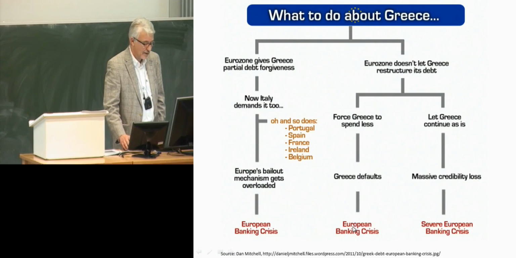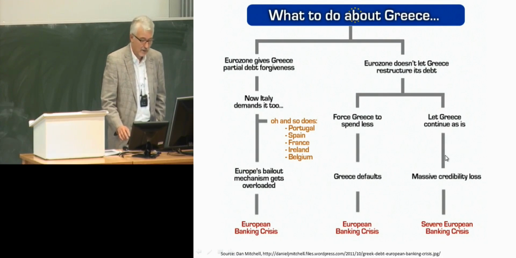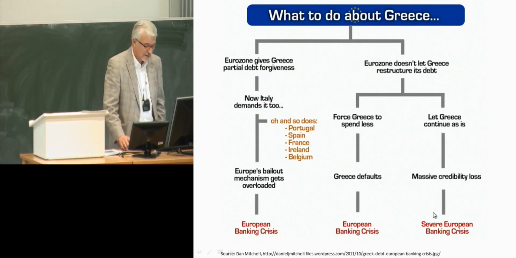We would also have a European banking crisis. Or one could let Greece continue as is, with massive credibility loss and, as a consequence, a severe European banking crisis. So it's all worse, bad and even worse here.